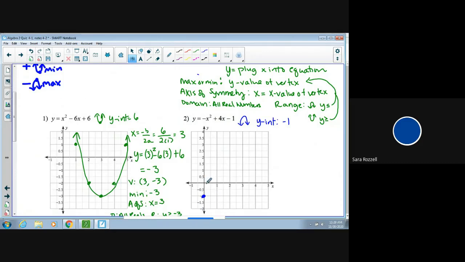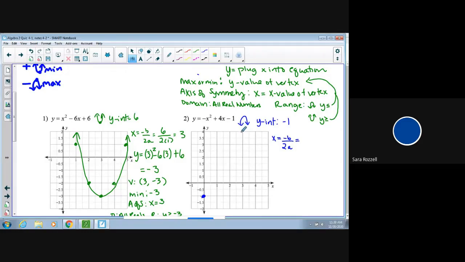Okay, so for us to find our vertex, we have to start using our formula. x equals negative b over 2a. I always write the formula out, even though I know it, just to make sure I remember what I'm doing. What is our b value? Show me with your hands.